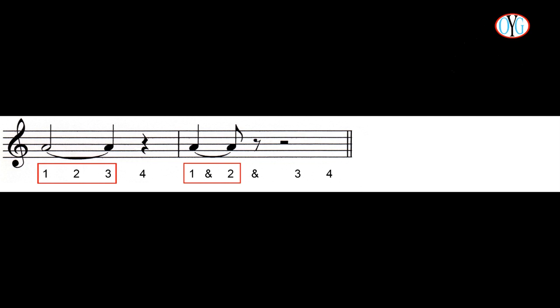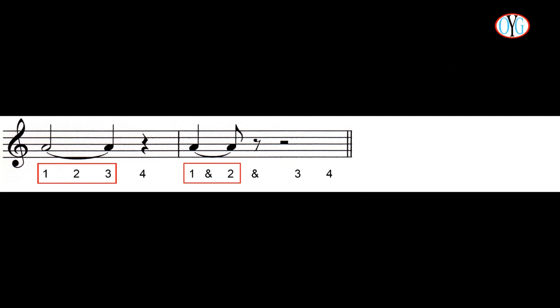Let it ring out through the full time value of the quarter note. This is why below you see in the red box 1, 2, 3. You let the note ring out for the full duration of the half note plus the quarter note. So it would be like this: 1, 2, 3, 4.